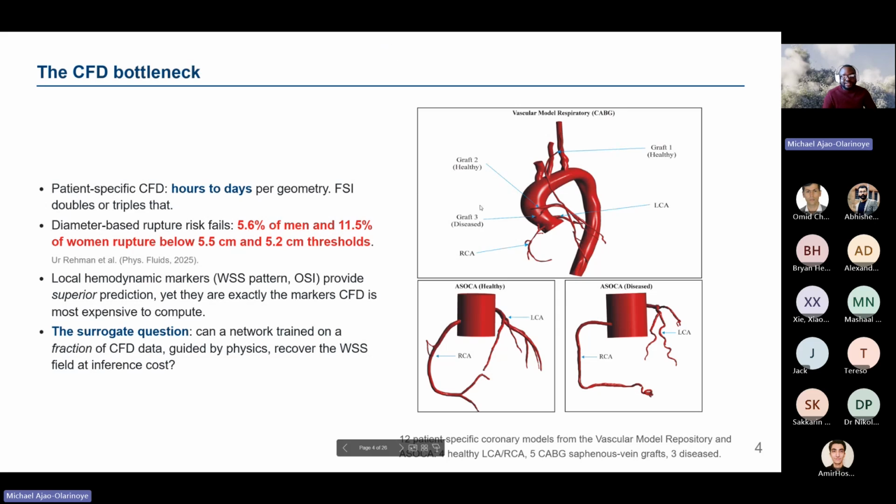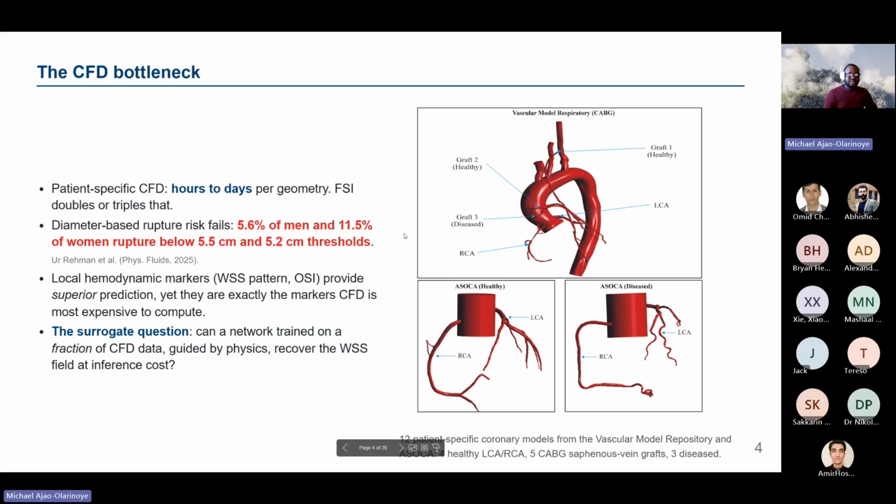It takes quite a while to generate some of this geometry and meshes for the CFD. And the thinking was, are we able to build a neural network model that learns the spatiotemporal structure of these CFD models and then generate close to or exactly what it is at inference time?